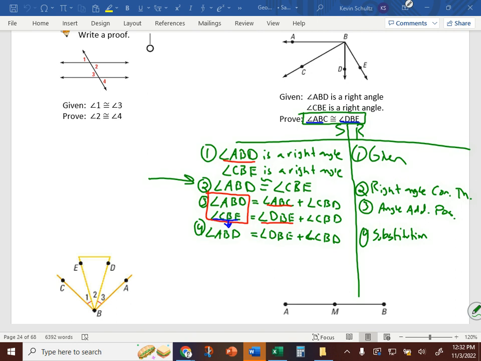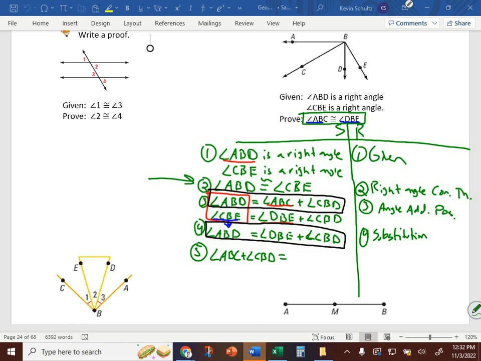Because now what we have, I'll highlight in black here. We have ABD equal to two different things, right? By stating that ABD is equal to DBE plus CBD, our next step, as Alex said, is in step 5, ABD is equal to both of these things, therefore, angle ABC plus angle CBD is equal to angle DBE plus angle CBD.